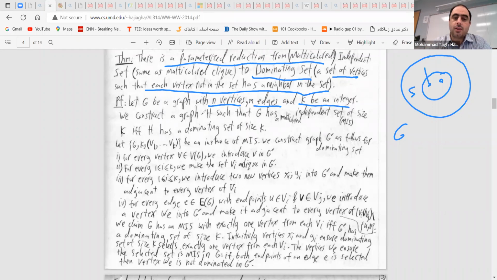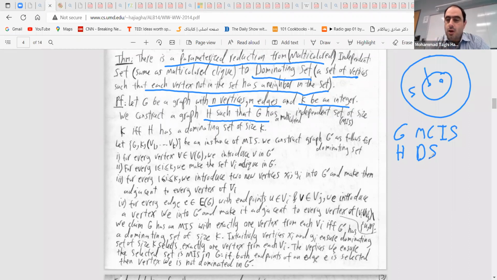Now we try to construct a graph H from G such that if G has a multicolored independent set of size K, then H has a dominating set of size K, and vice versa. Good. So this is G. For G, we want to solve essentially multicolored independent set. And then we create a graph H, for which we want to solve dominating set.